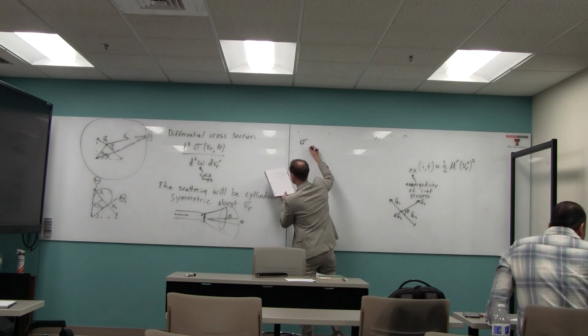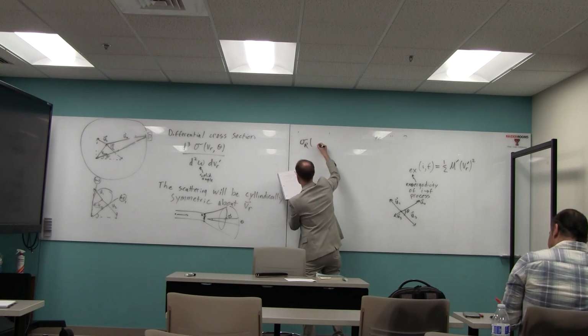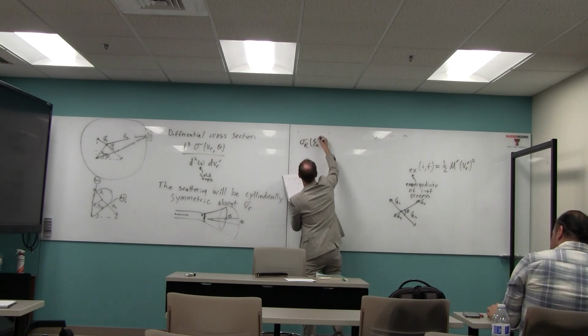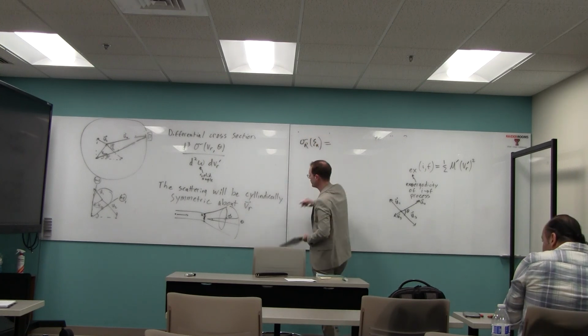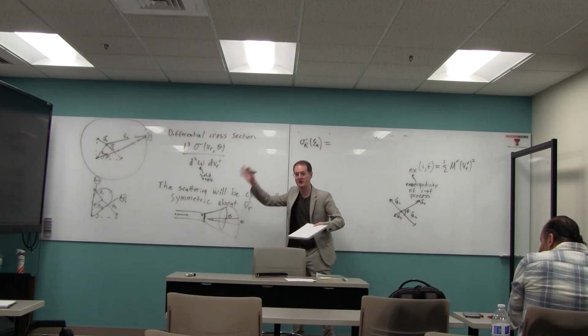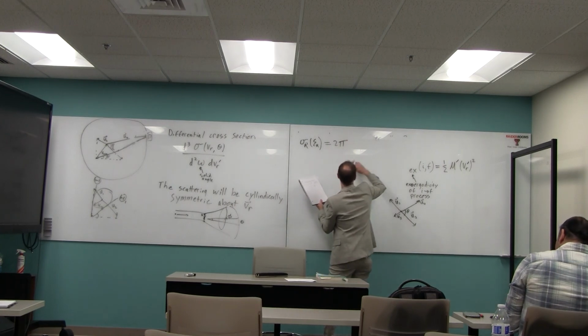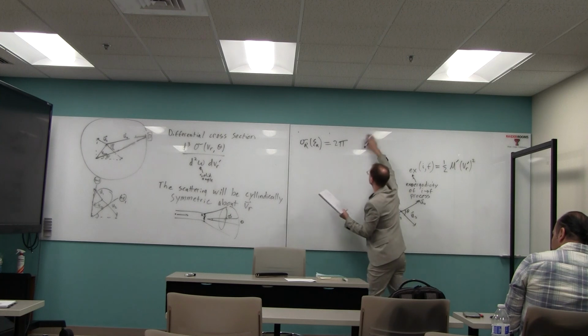so when we integrate the differential cross-section, we should get the total cross-section. And we don't have to integrate over the azimuthal angle because it's radially symmetric, so that integral just gives us 2 pi, right? Integrating over phi.